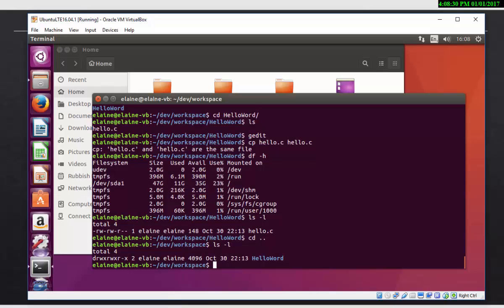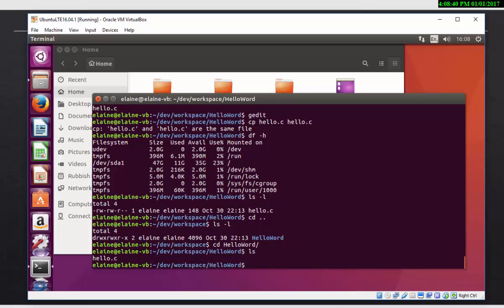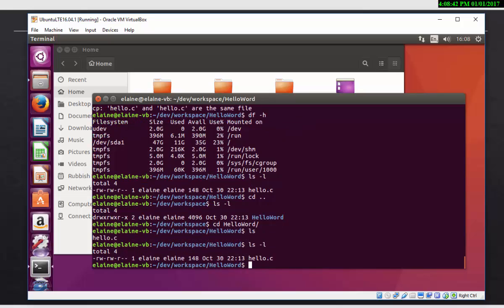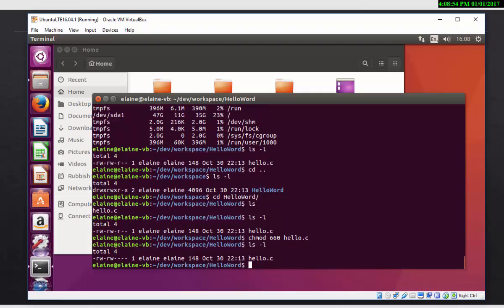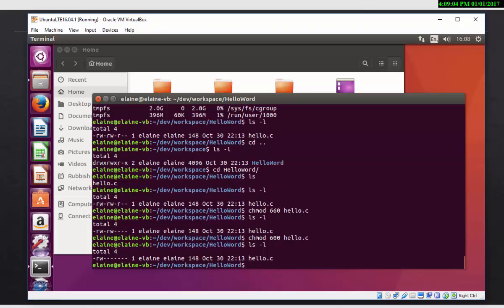So let's give you an example. I'll just go into this workspace, cd hello world. Let me just show you that file, the permissions there. So chmod 660 will take away the read for the world, as you can see. 600 will just give me read and write, as you can see.